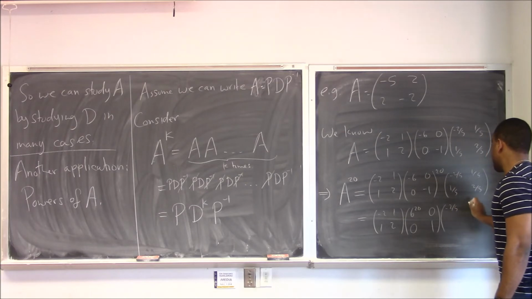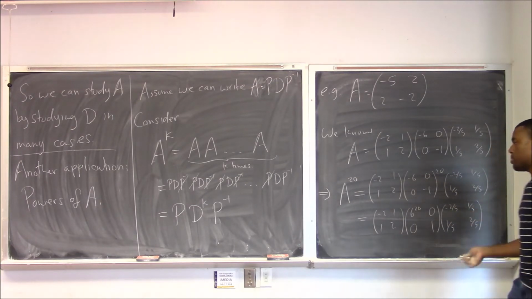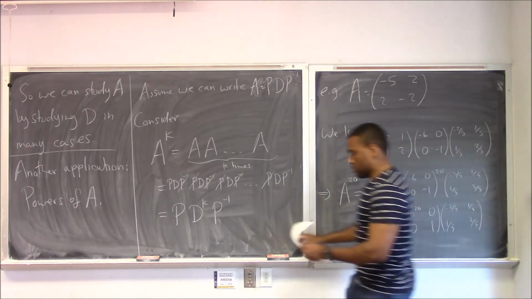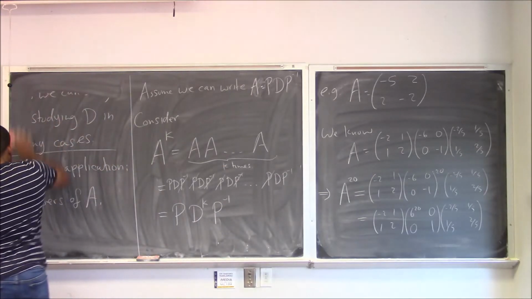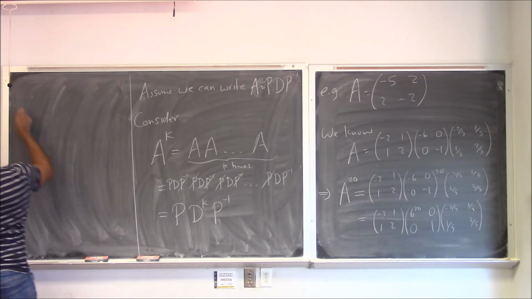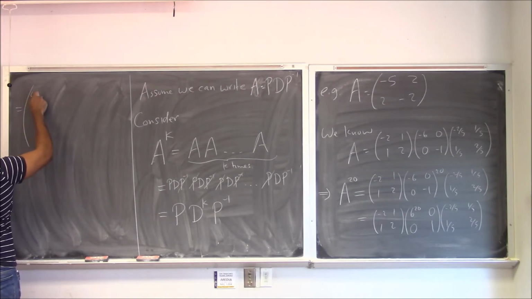So instead of multiplying that matrix by itself 20 times, I can just multiply 3 matrices together. Which, by the way, I wrote down what this is. You'll get something huge.